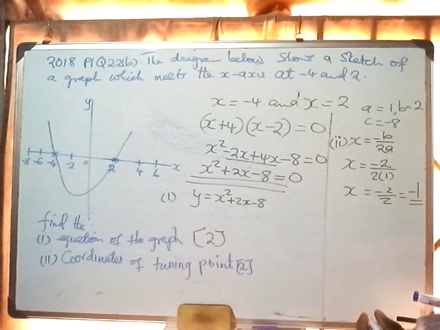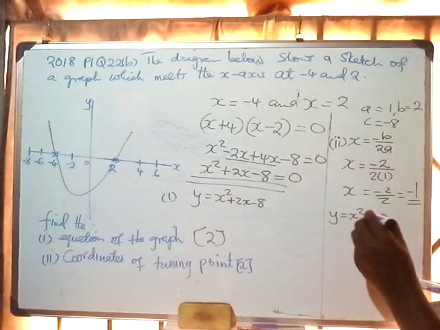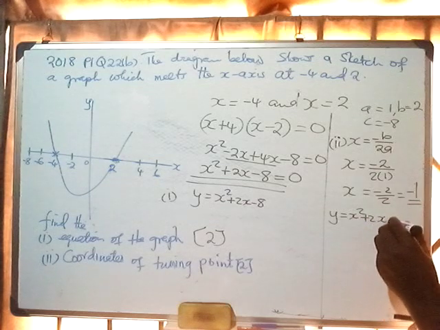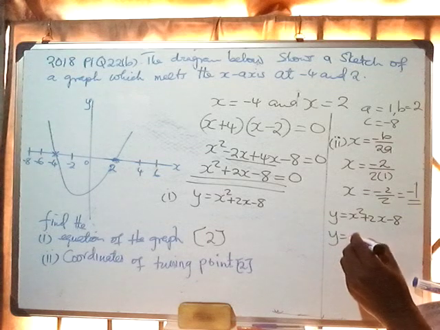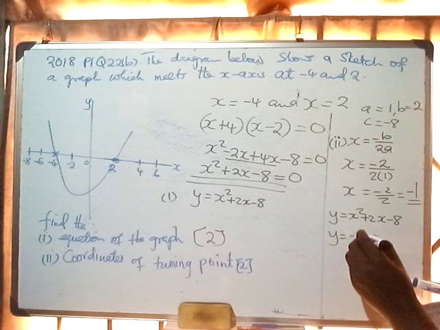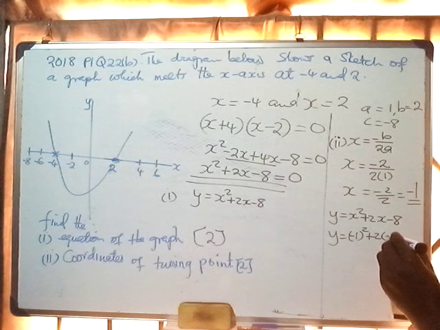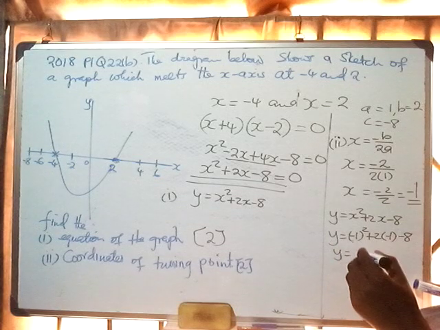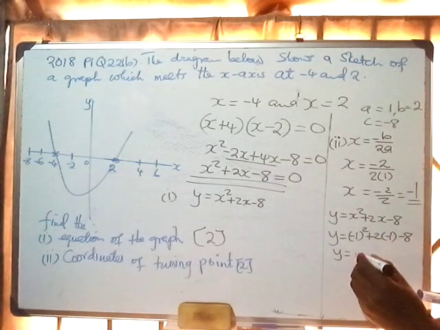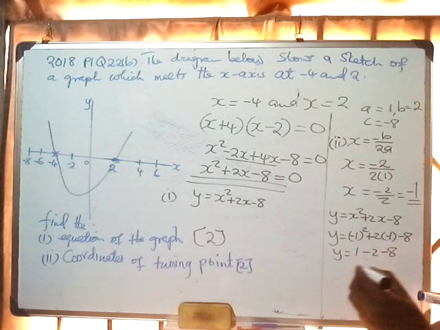Now the value of y, we are going to find it by replacing the value of x with negative 1. So y is equal to (negative 1) squared plus 2 times (negative 1), then minus 8. Our y is equal to 1 minus 2, then minus 8.